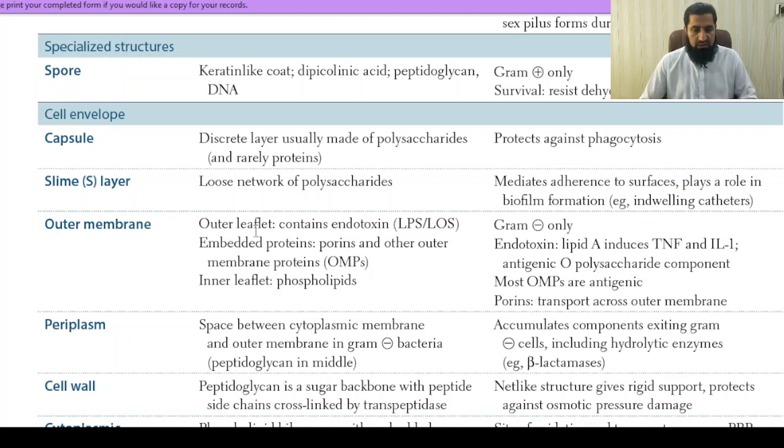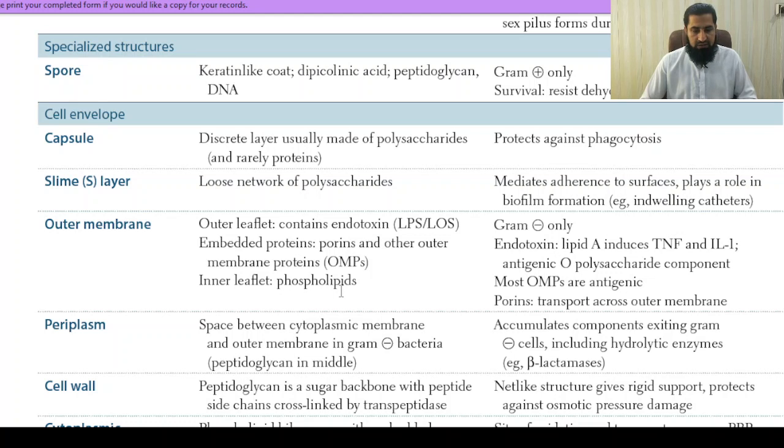Outer membrane: the outer leaflet contains endotoxins. This outer membrane is only present in gram negative bacteria. Within the outer membrane there are embedded proteins, and there is also an inner leaflet. The outer leaflet contains endotoxin, lipopolysaccharide, and lipooligosaccharides, while the embedded proteins are porins and other outer membrane proteins, OMP.